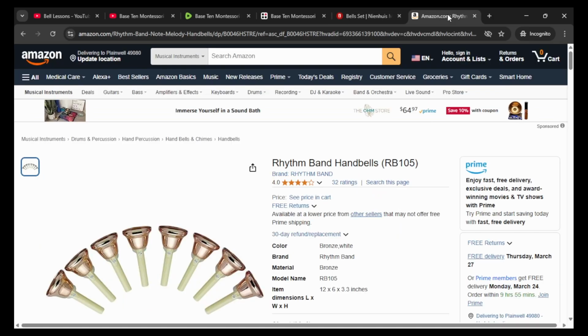Today, I'm going to be using the rhythm handbells that I bought from Amazon, and they're about $70 for the set. They will look and function a bit differently, as I have explained in my previous videos, but I really wanted to use materials not only that I could afford, but that probably other people could afford as well. A lot of people don't use the Montessori bells because they're so expensive and they are afraid to use them, or they can't afford to buy them.